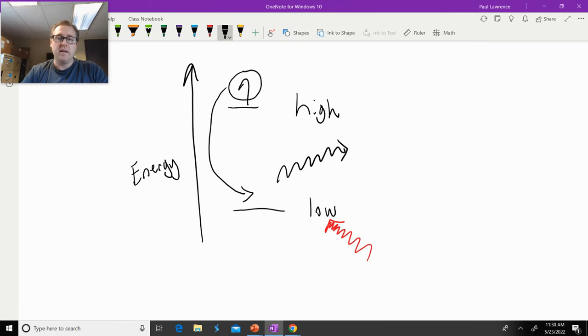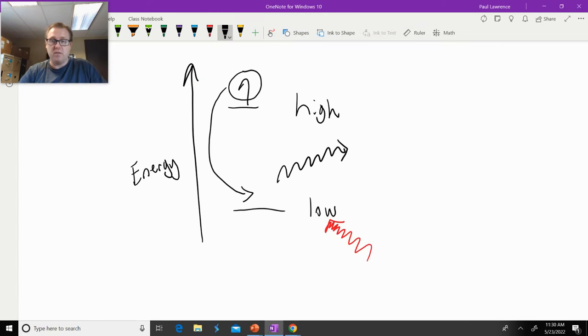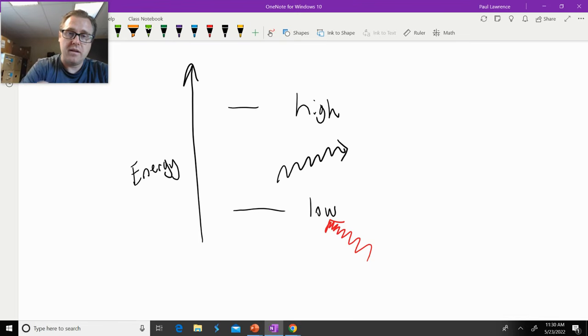All right? So if we come back here to the slide, what's happening here is that nuclei will not be able to absorb a photon of light from the radio frequency shown here. So what if we say, hey, now let's look at it like this.